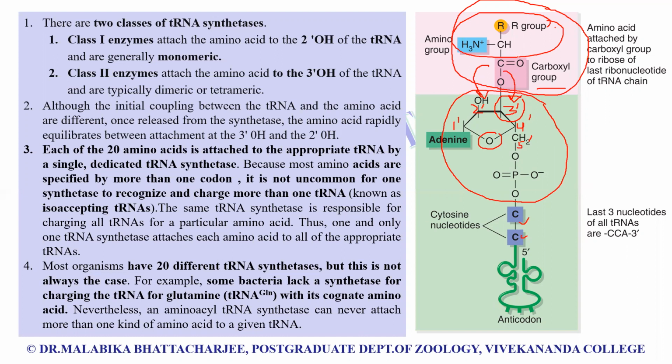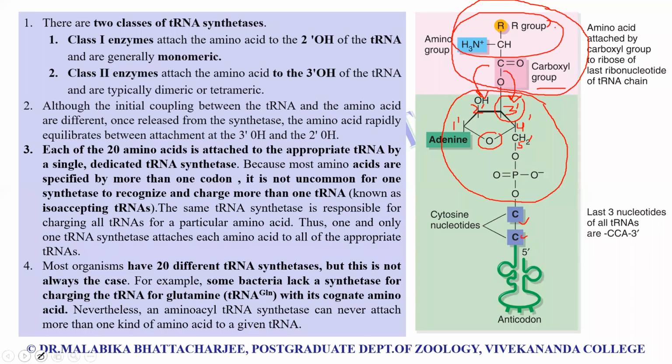But in this particular picture, you are seeing that the amino acid has been attached to the 3' end. So the enzyme involved in attaching the amino acid to the cognate tRNA is the class 2 enzyme. Okay. So as I said, these are the two classes of enzyme.